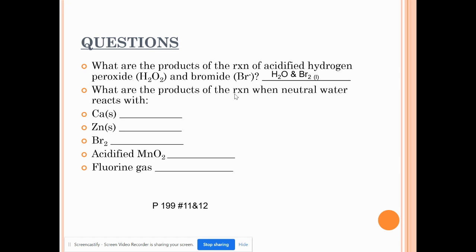What are the products of the reaction when neutral water reacts with calcium? Neutral water is either going to act as an oxidizing agent or a reducing agent. With calcium, you're looking at the neutral water at negative 0.41 as the reduction reaction.